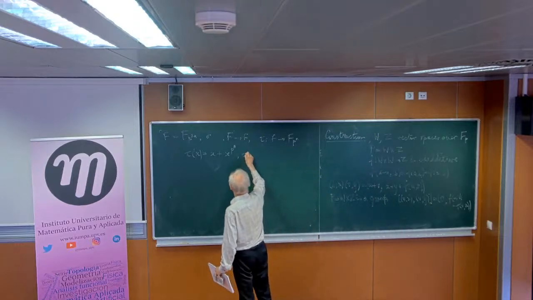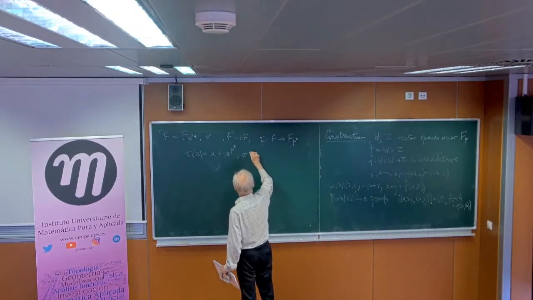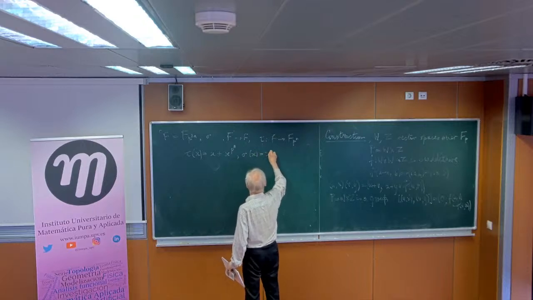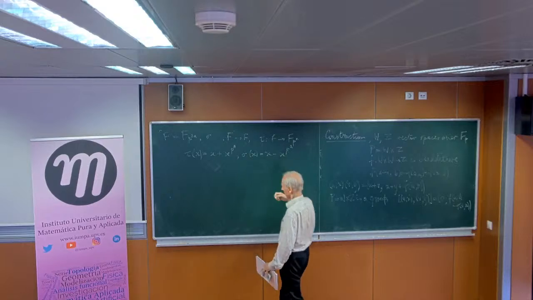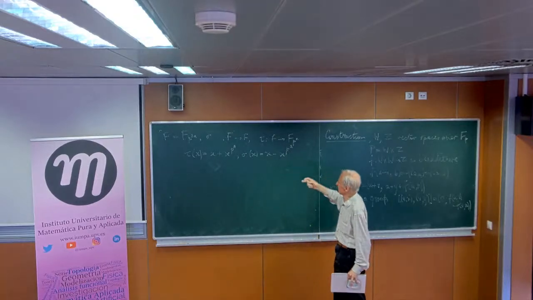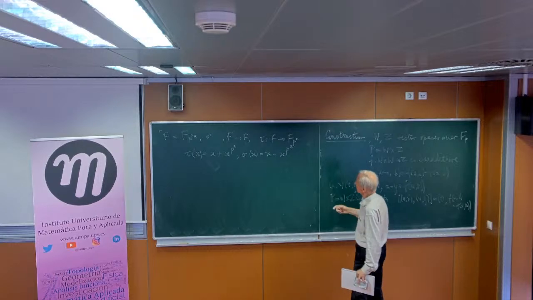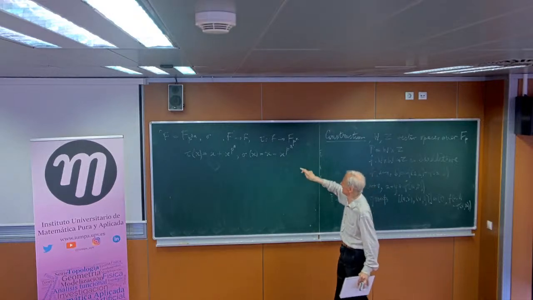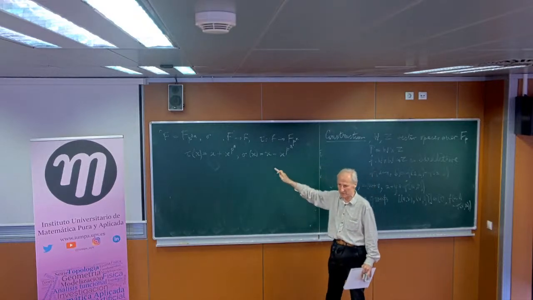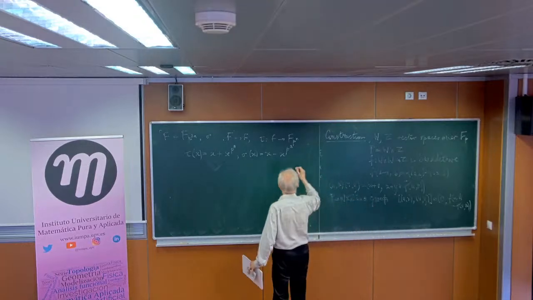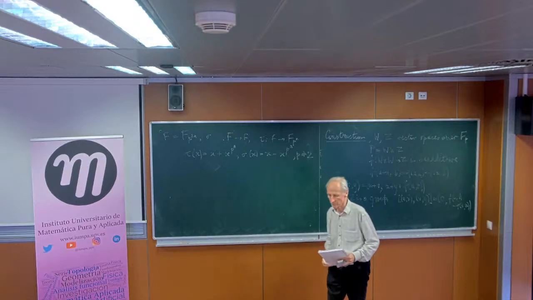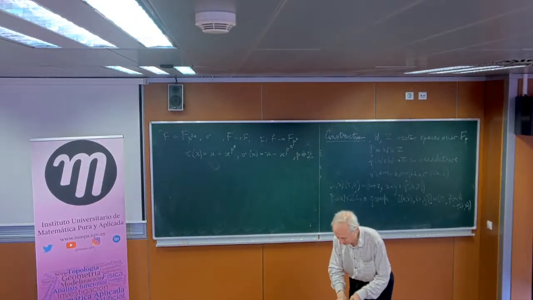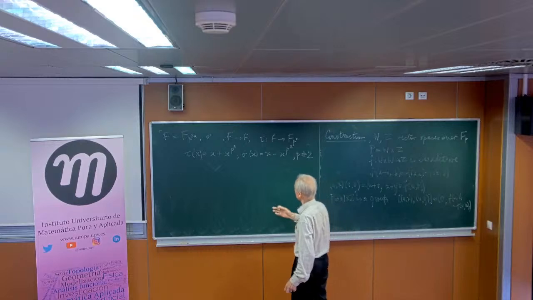And sigma of x in the same way is going to be x minus x to the p to the n. I want p to be odd, because otherwise these two will be the same. This whole thing will collapse. So let's take p odd, p different from 2.